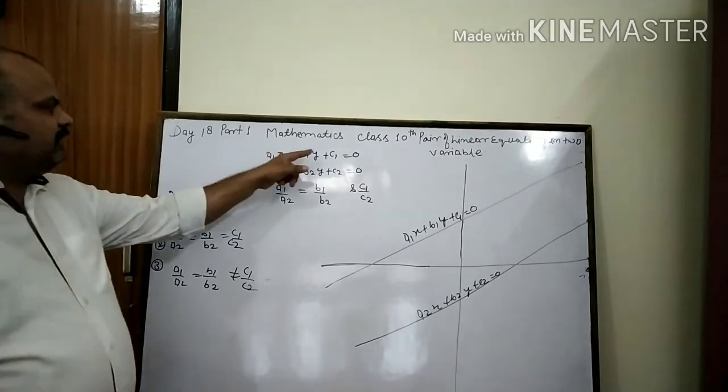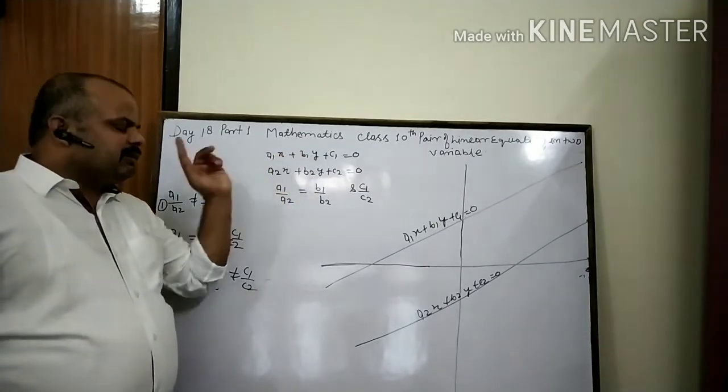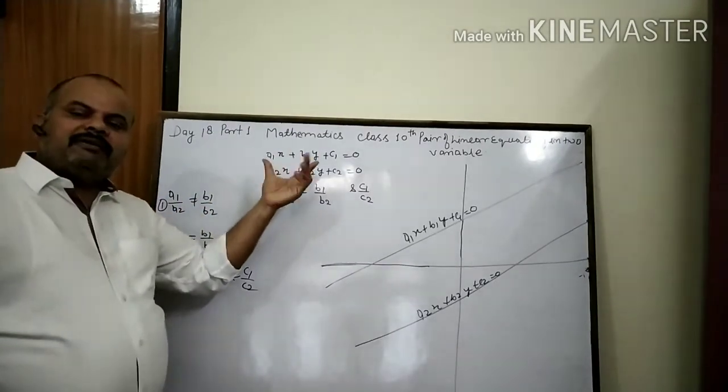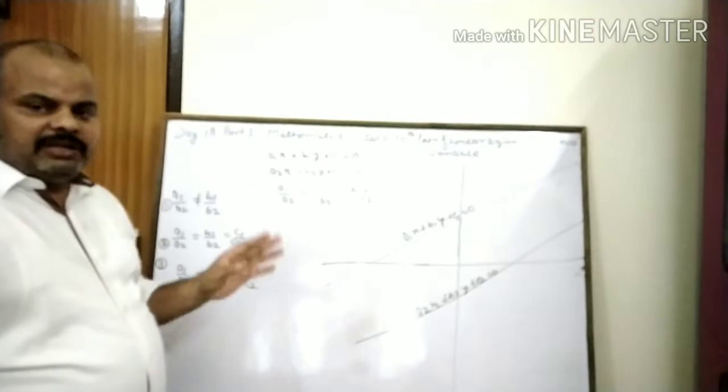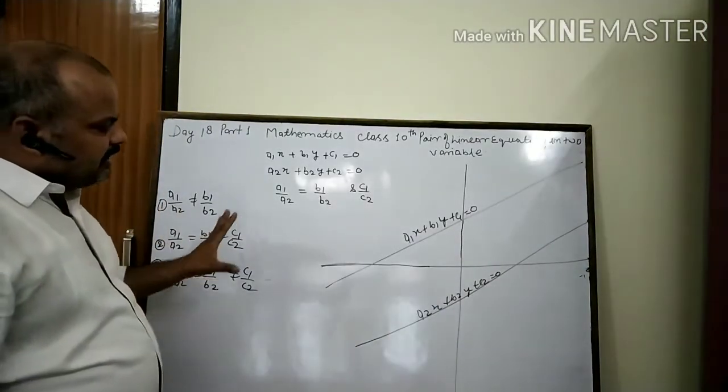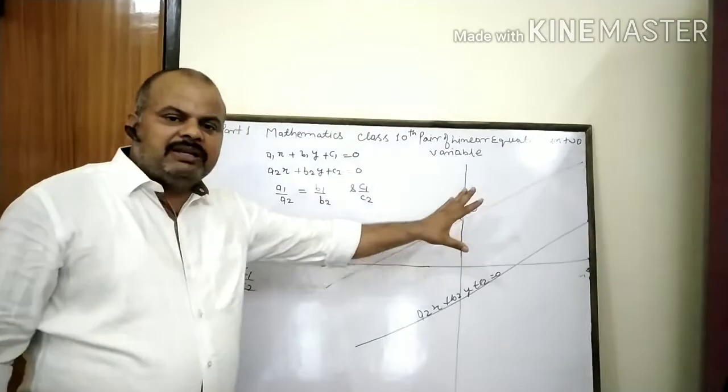Here a1 and b1 are the coefficients of x and y, and a2 and b2 are also the coefficients of x and y for the given linear equations. Clear? Then with the help of these cases, you can check the condition of the lines.